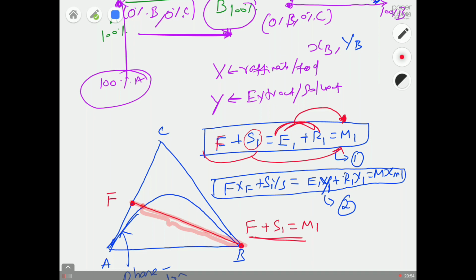If you look at the other side of your equation, E plus R1 is equal to M1. So if you can plot F and also your S1 line, you can also locate the point. If I give you the percentage of your solute, your solvent, and your carrier liquid, you can locate that point very easily on this graph.